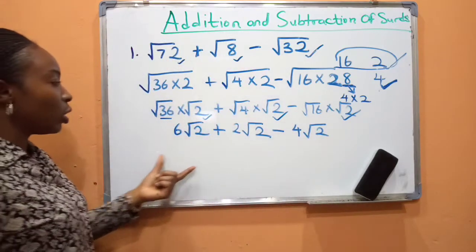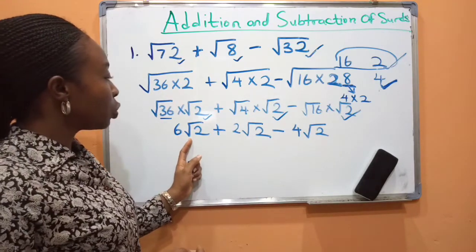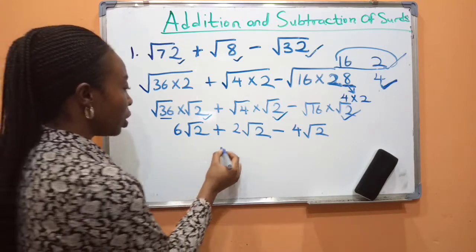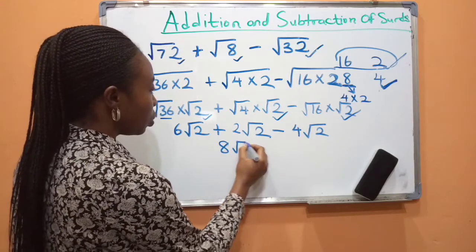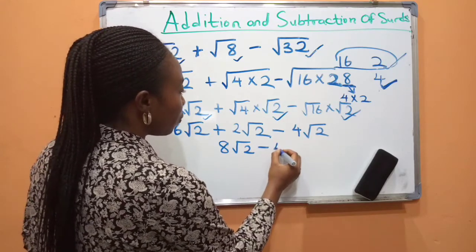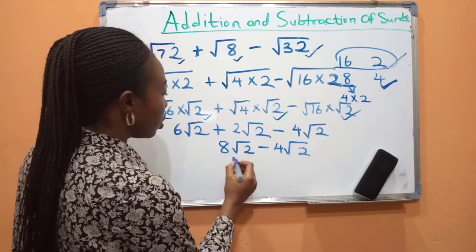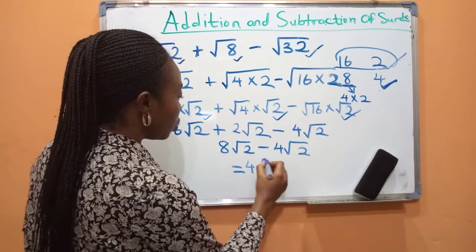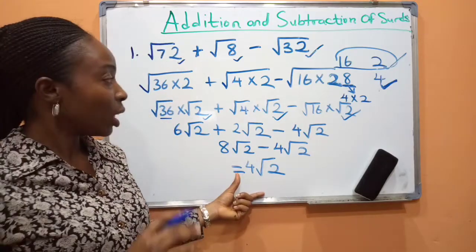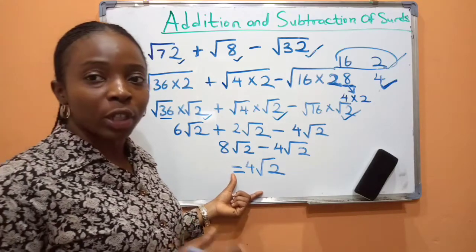So now that we've gotten this, we can easily sum them up. 6 root 2 plus 2 root 2 gives us 8 root 2. And then 8 root 2 minus 4 root 2 will give us 4 root 2. So we've gotten our answer. It's absolutely easy, guys. Let's take a look at another example for clarity.